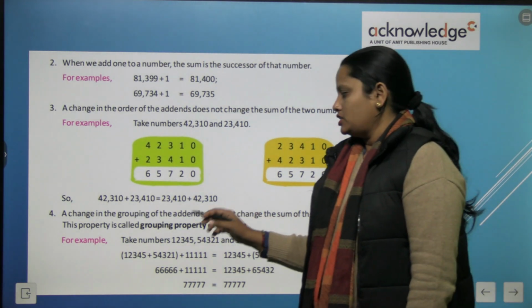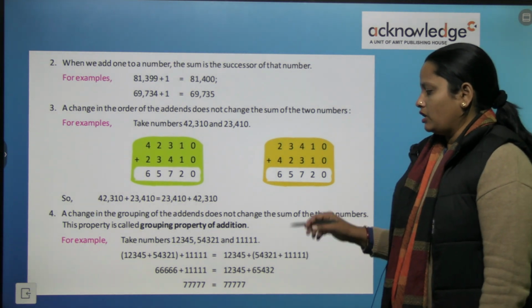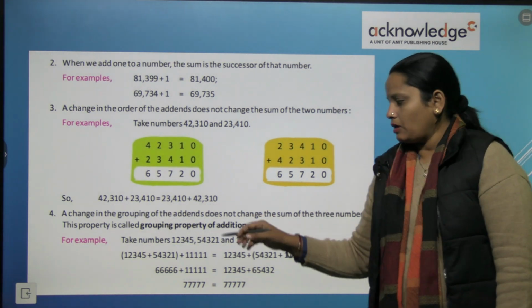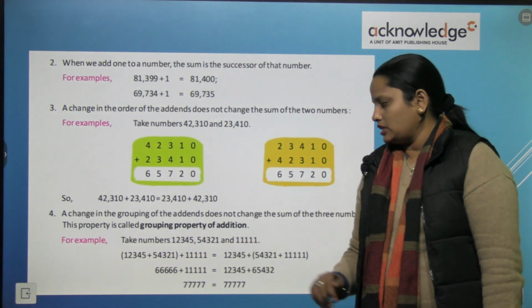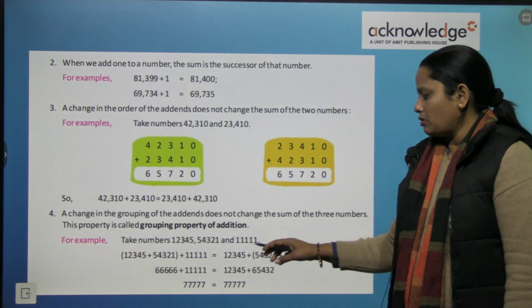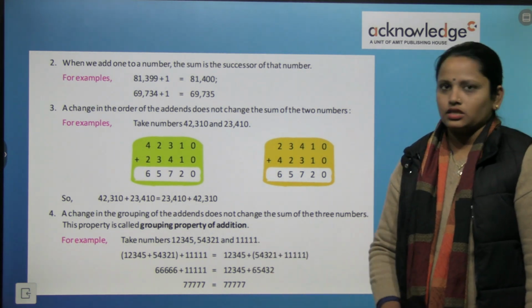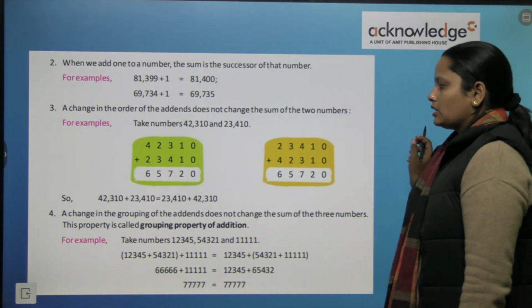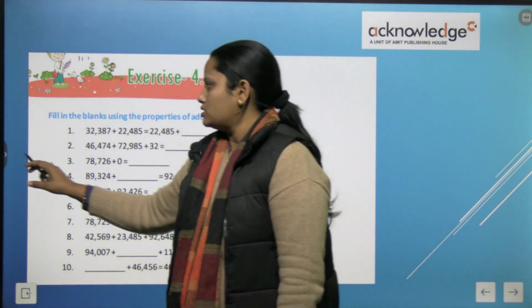For example, take number 12345, then 54321 and 11111. So जब हमने इन सबको ऐड किया, पहले हमने इन दोनों के ग्रुप बनाए और इसमें ऐड किया तो आंसर आया this, और जब हमने बाद वाले दो नंबर के ग्रुप बनाए और इन्हें ऐड किया तो भी आंसर आया सेम. सो इसका मतलब हम किसी भी तरीके से ग्रुप करें, आंसर will not change.